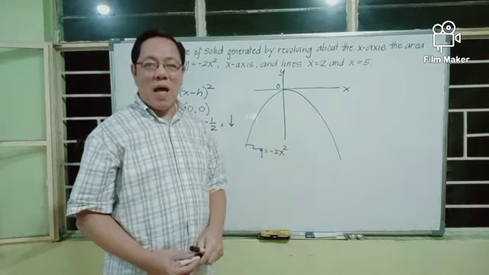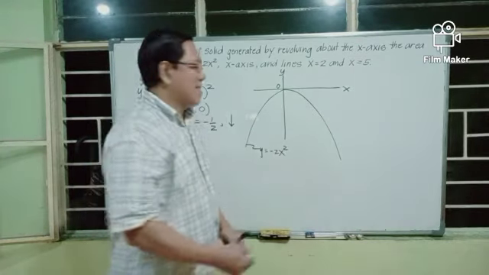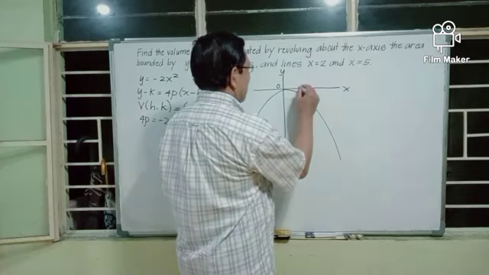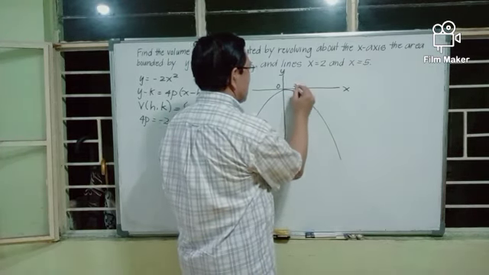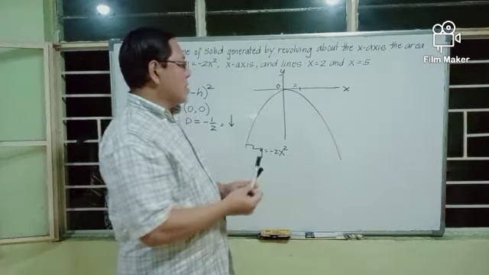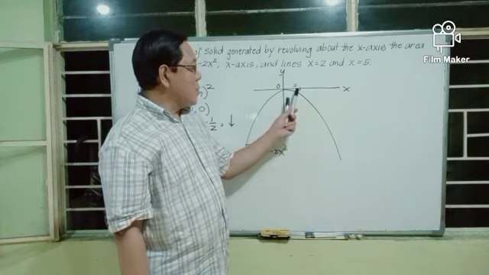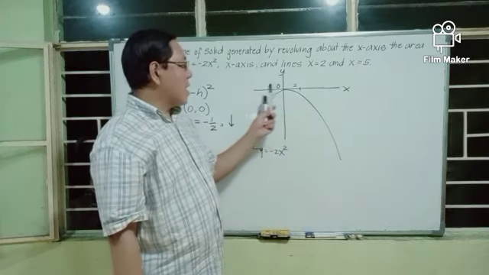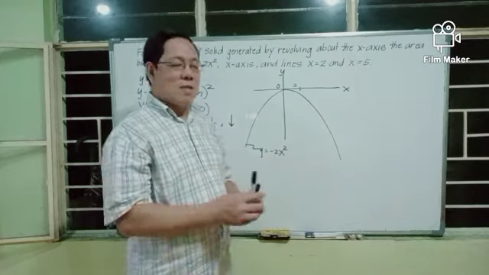We approximate x equals 2 on the positive x-axis. Suppose this is x equals 2, and we draw a line through this point parallel with the y-axis and perpendicular with the x-axis.